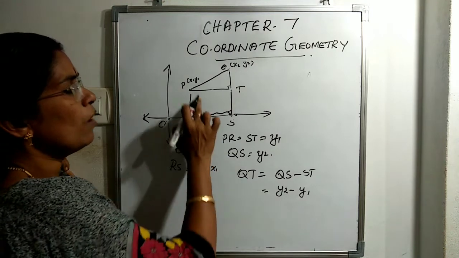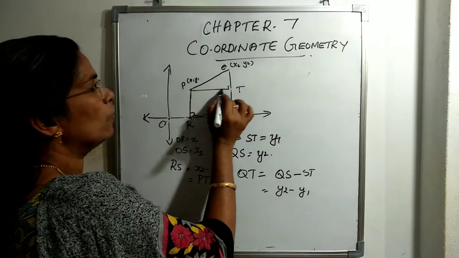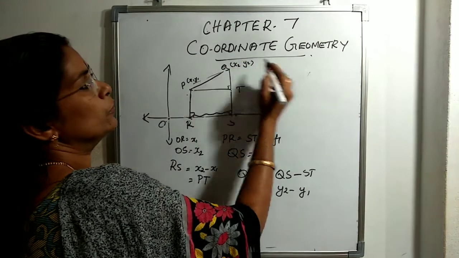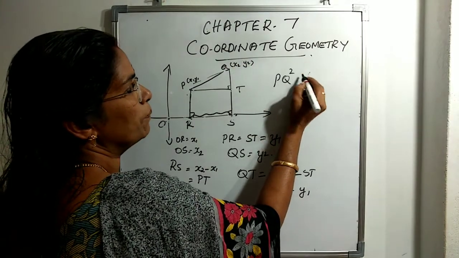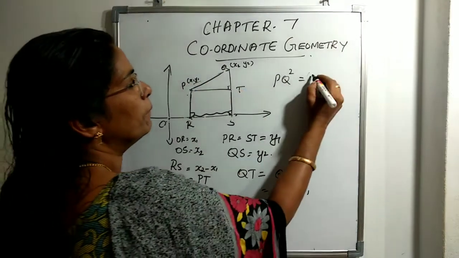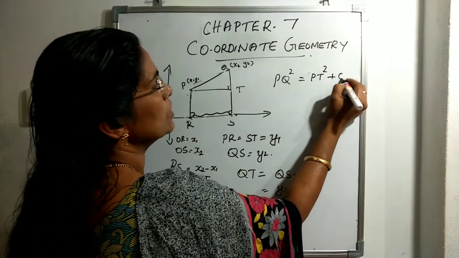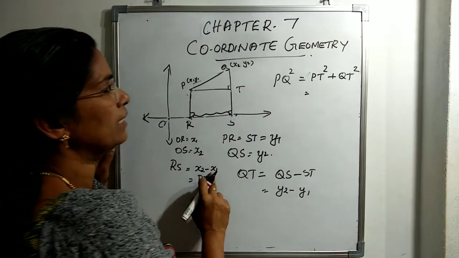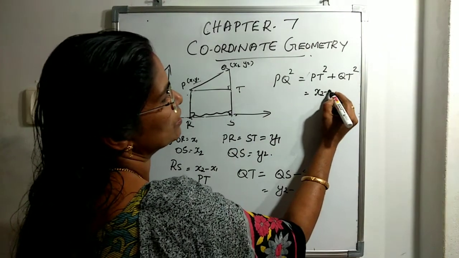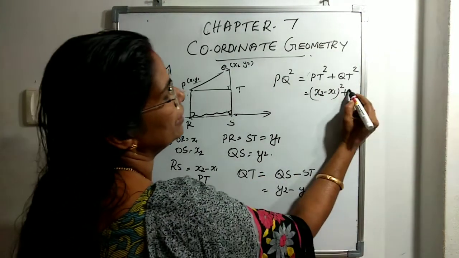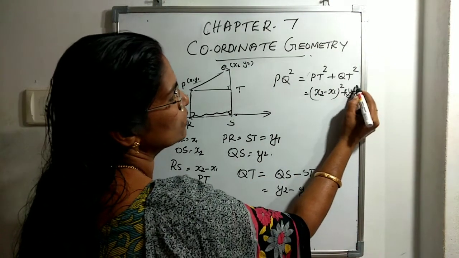Now apply the Pythagoras property on this right angle triangle. So if we need PQ, PQ square, the hypotenuse square, is equal to PT square plus QT square. What is PT? x2 minus x1. So (x2 minus x1) whole square plus, what is QT? (y2 minus y1) whole square.